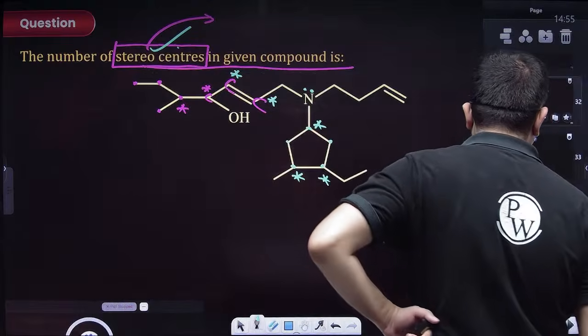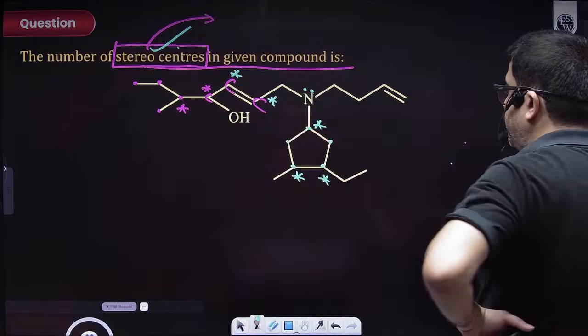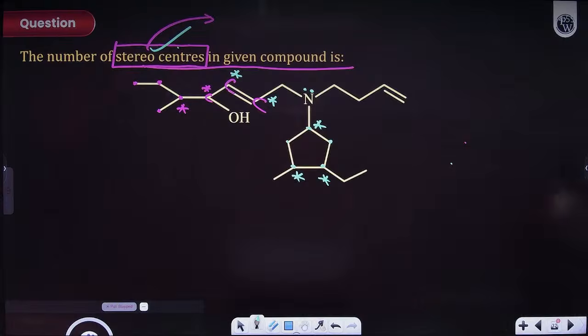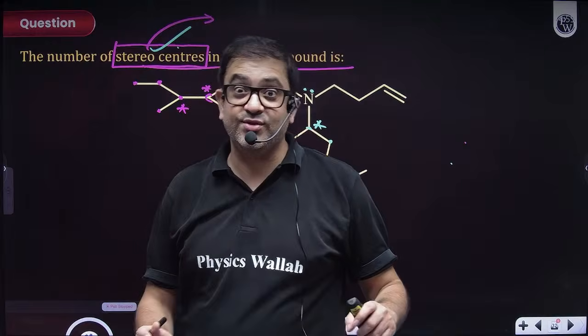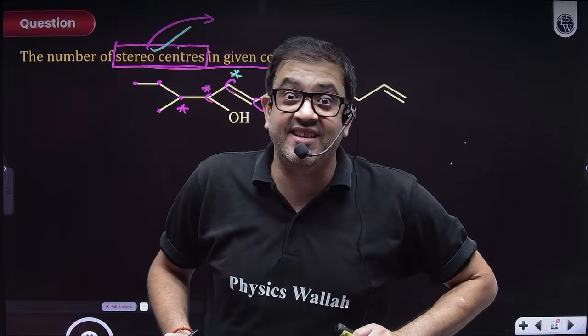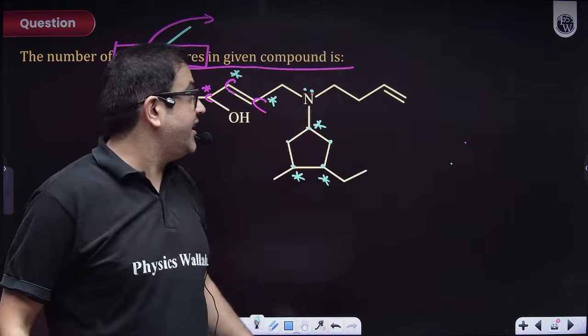I guess the answer is 8. So are we missing any? Just check, everybody, because I have 8 written as the answer. Okay, good one, beta. I have 8 written as the answer. Sir, why?